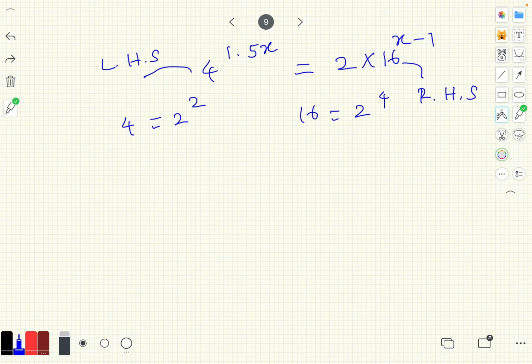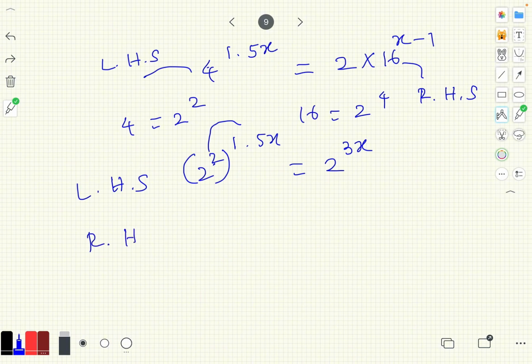Simple. So now you can see on the left hand side, I can write 4 as 2 to the 2, to the 1.5x. This is power to the power. You can multiply 2 times 1.5x, which is 3x.